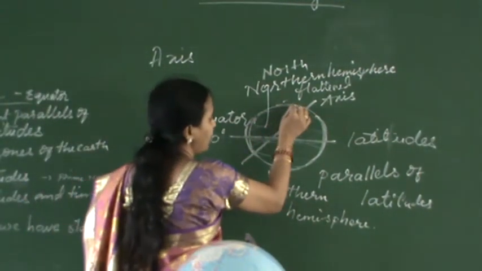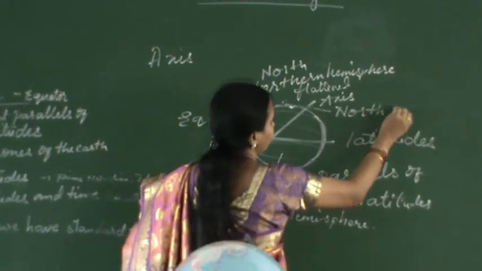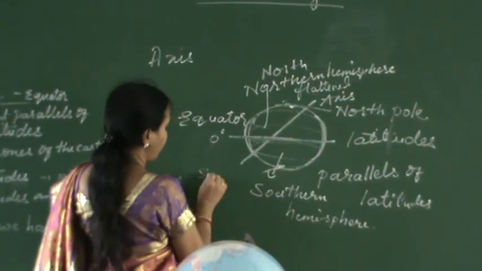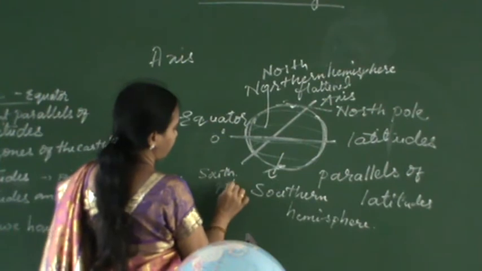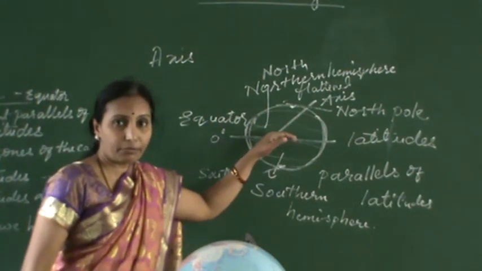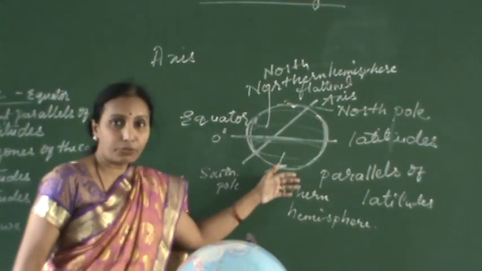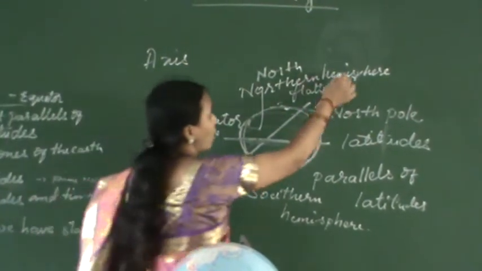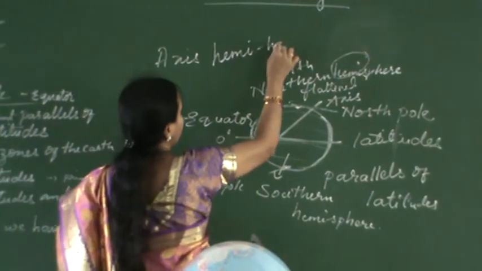This top one is the north pole, and this bottom is the south pole. Towards the north of the equator is the northern hemisphere, and towards the south it is the southern hemisphere. Hemi means half.